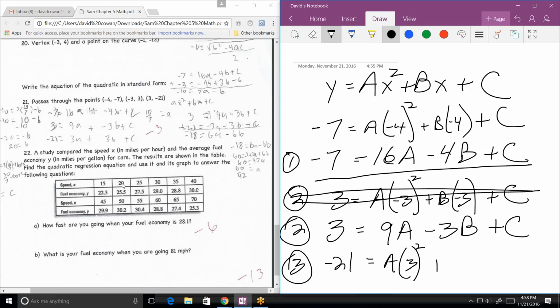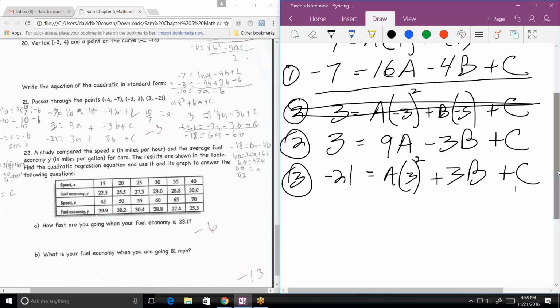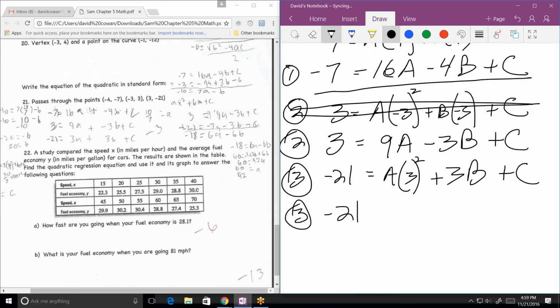It is going to be plus 3b plus c, but this turns into 9a. So equation 3 becomes -21 equals 9a plus 3b plus c. So there we have our 3 equations and 3 unknowns.